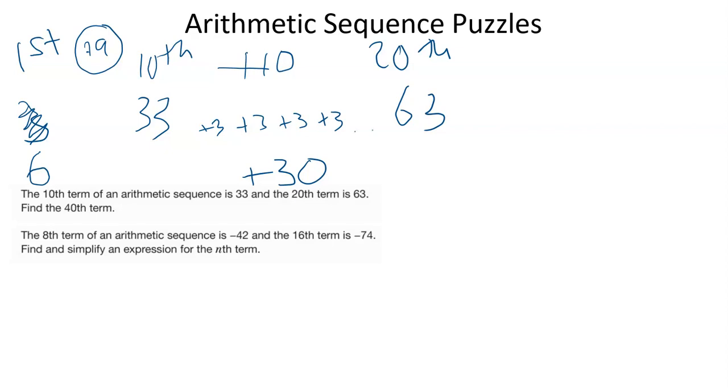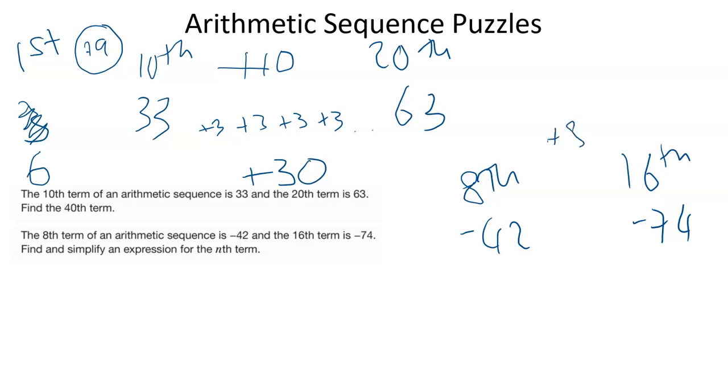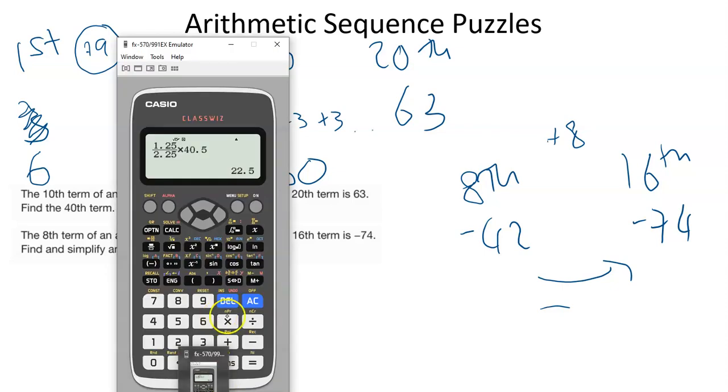Let's have a look at the other example. The 8th term of this sequence is minus 42. The 16th term is minus 74. Find and simplify an expression for the nth term. Okay, so if we subtract these, this is a movement of 8 steps, and to move from here to here, they've taken away an amount, and I'm going to use my calculator because my brain is tired, and there's nothing wrong with using a calculator for the numbers if you need to.